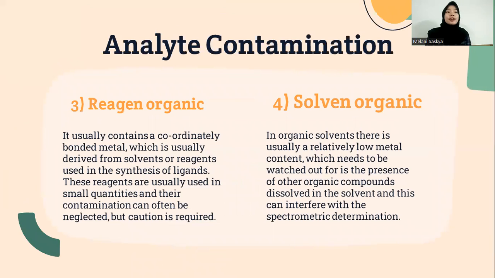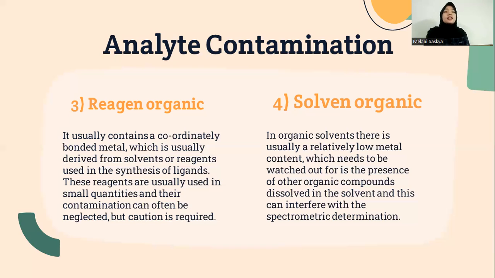It usually contains coordinately bound metal, which is usually derived from the solvent or reagent used in the synthesis of the reagent. These reagents are usually used in small quantities, and their contamination can often be neglected, but caution is required.